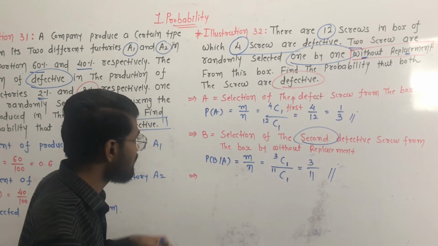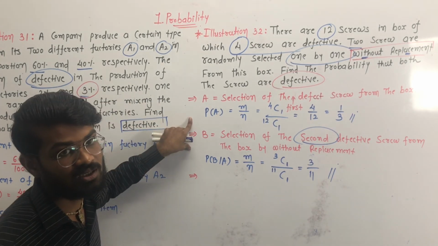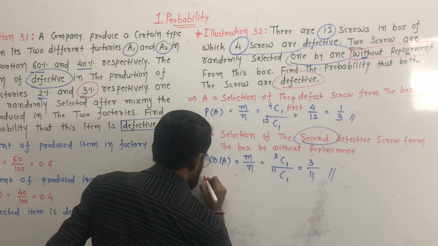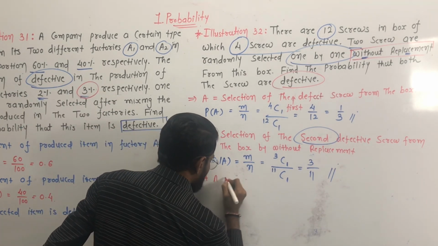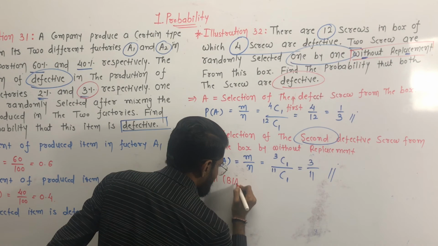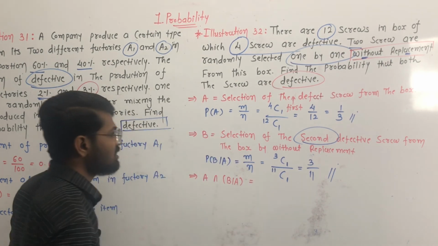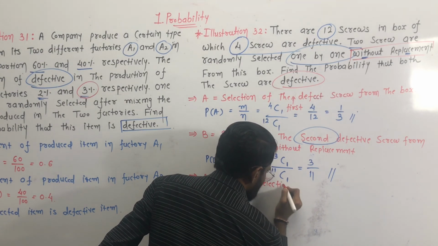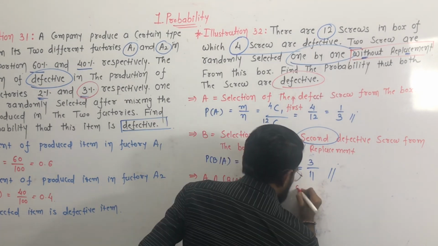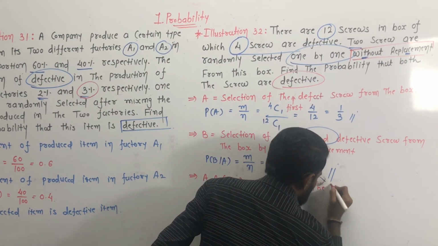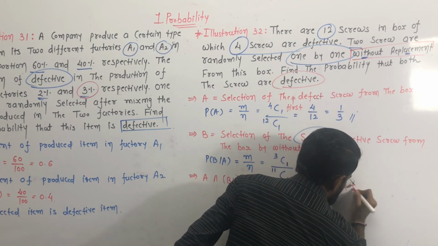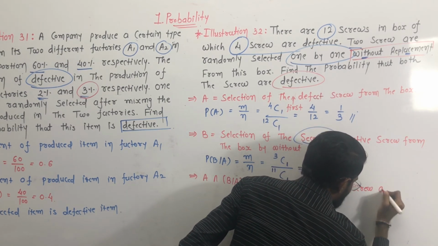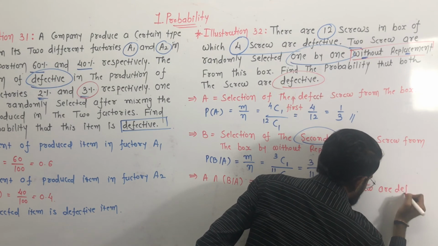So we have to find the intersection of events A and B, denoted as the selection of both screws being defective. Clear? Understand it?